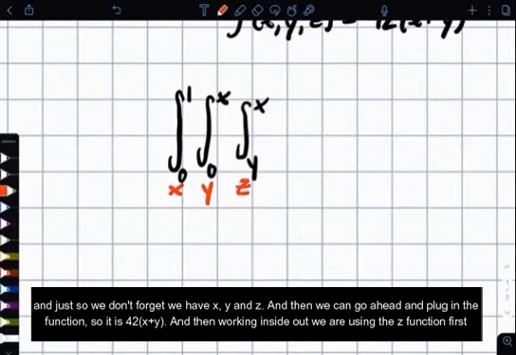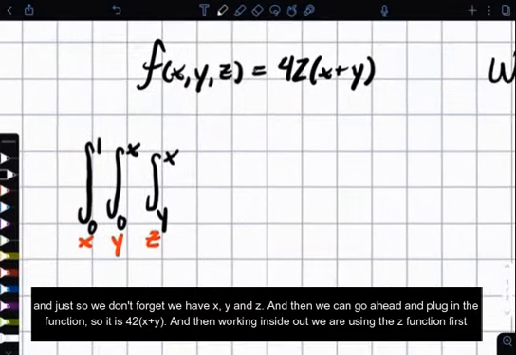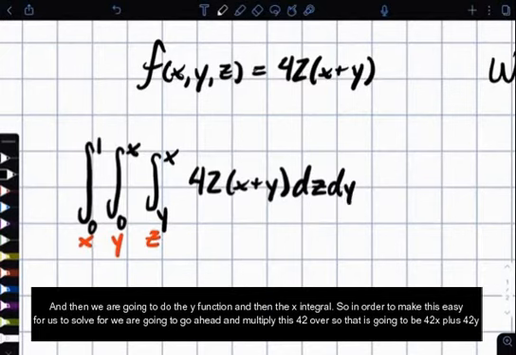Then we plug in the function, 42 times (x plus y). Working inside out, we use the z integral first, then the y integral, and then the x integral.